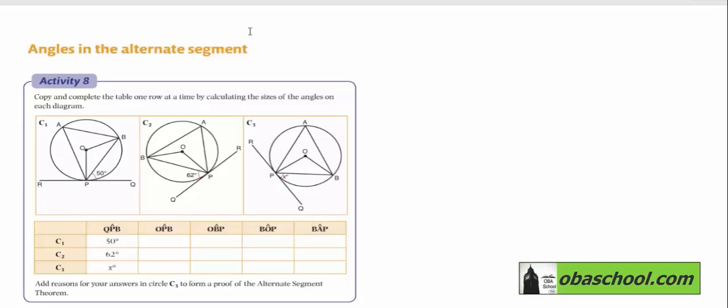To calculate the measurement of this angle, we need to take into consideration the tangent RQ and the radius OP. We can notice that in order to find this angle, we need to find the total of OPQ and subtract from it BPQ.